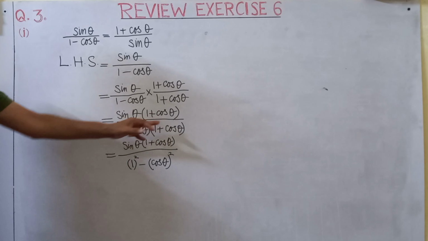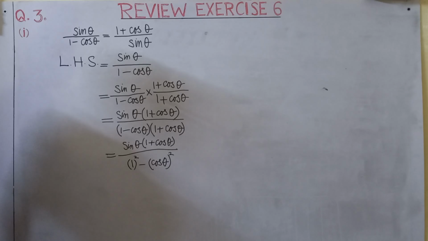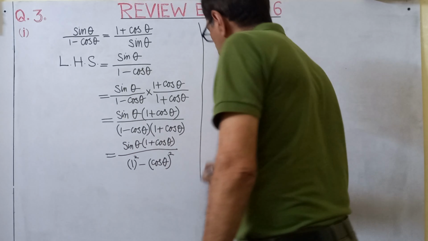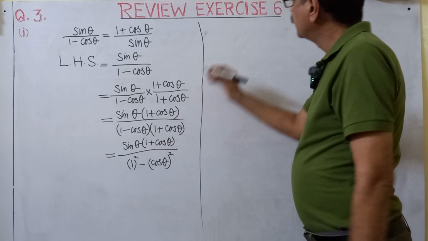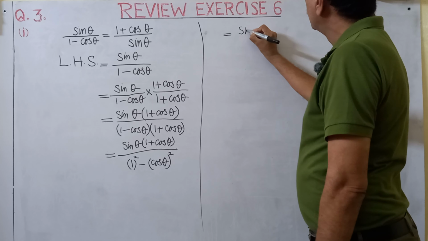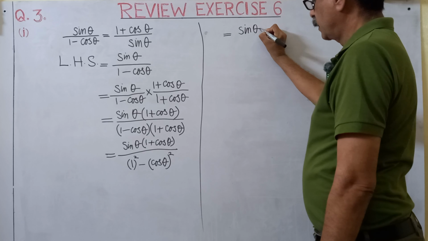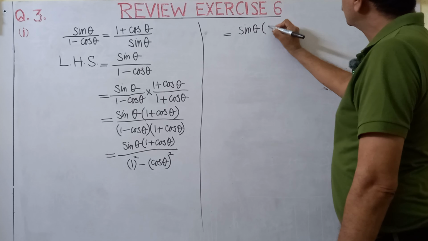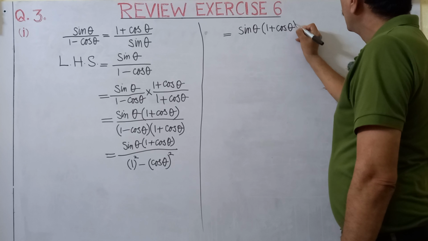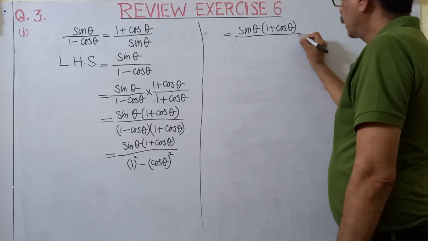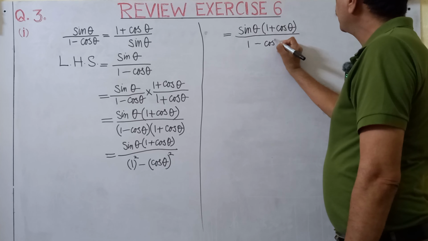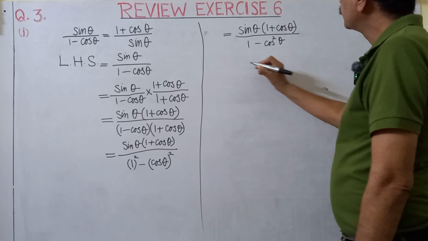A minus b into a plus b is equal to a square minus b square. This is further equal to sin theta into 1 plus cosine theta over 1 minus cosine square theta.